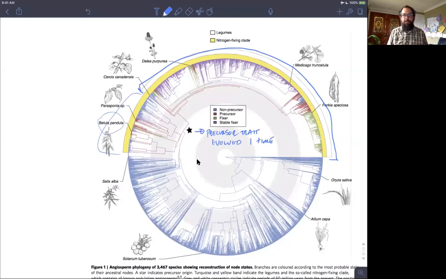So the best model predicts there's a precursor trait that evolved once, and then that made these basically pre-adapted to evolve nitrogen fixation in this whole big group of angiosperms that we call the nitrogen fixing clade. So while they have different bacteria that they're associated with in these different origins, or these different nitrogen fixing lineages, they likely evolved from one innovation that happened a long time ago in the common ancestor of this whole nitrogen fixing clade.